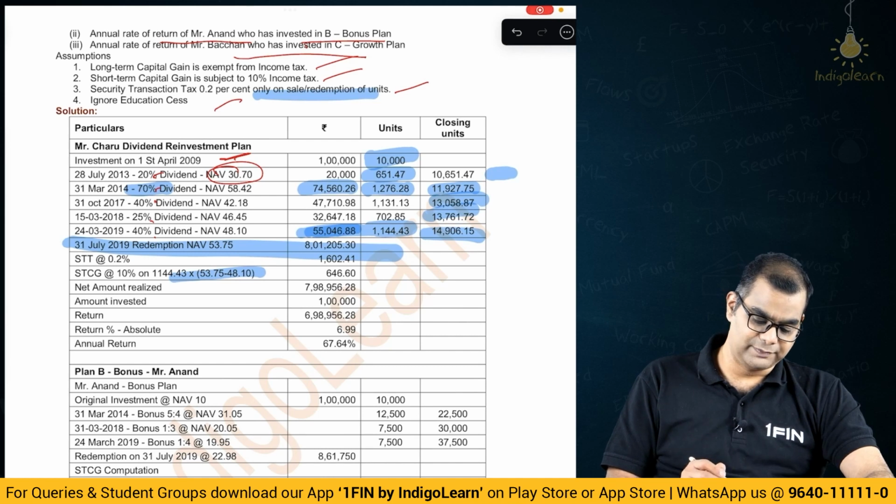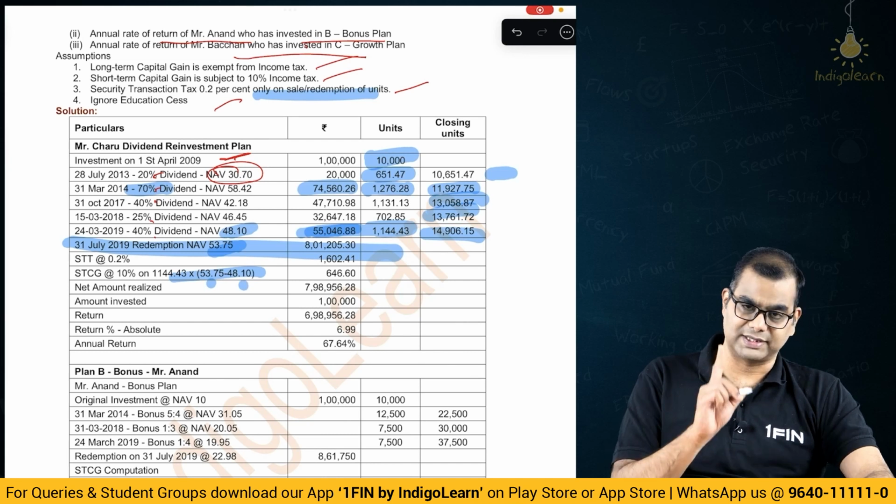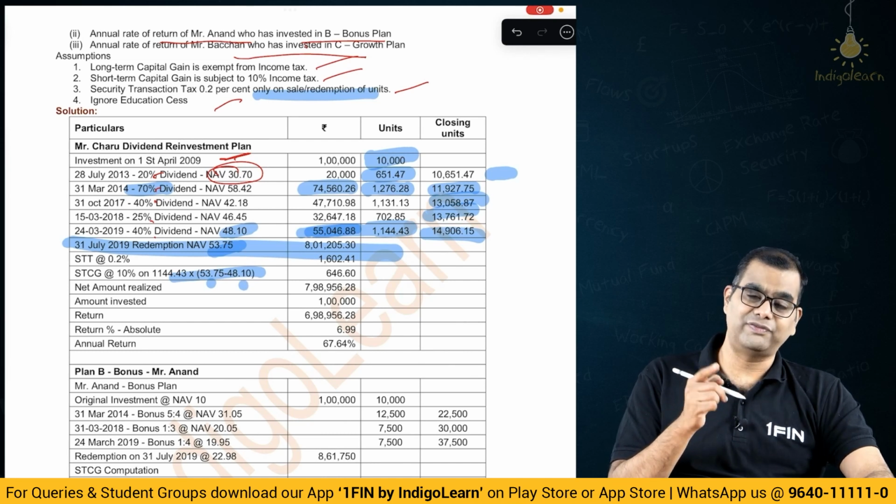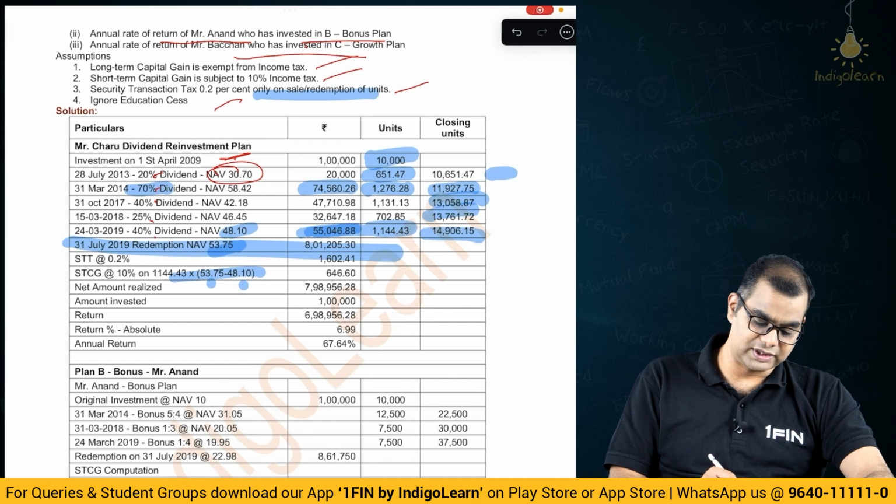That 55,000 was invested at an NAV of 48.1 and redeemed at an NAV of 53.75. So, you compute 53.75 minus 48.1, the increase in NAV, for only these 1144.43 units. On that you compute 10%, and you get 646 rupees. After subtracting those two, you get a net amount of 7,98,000.